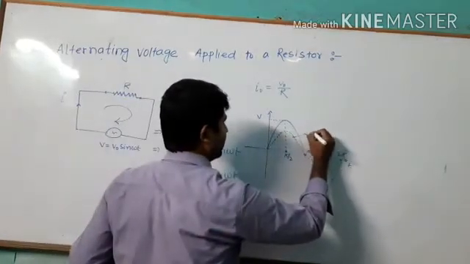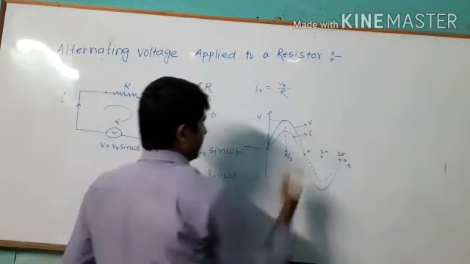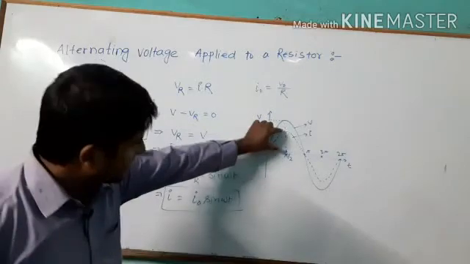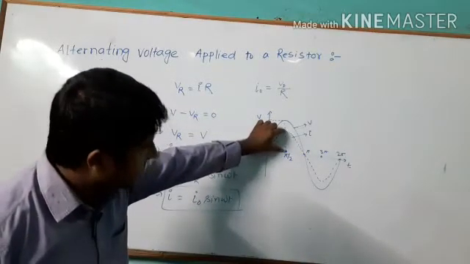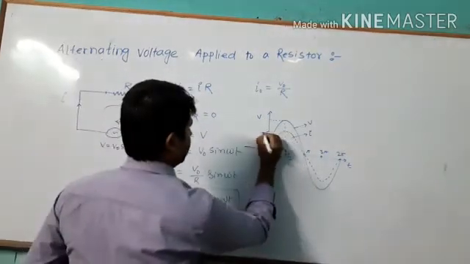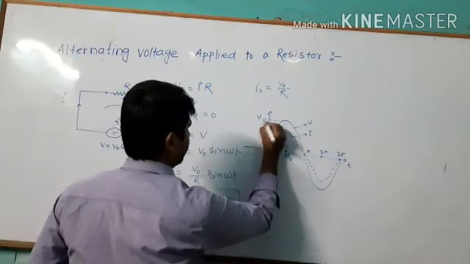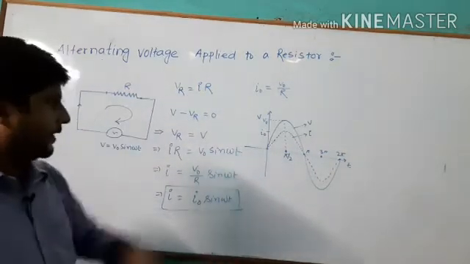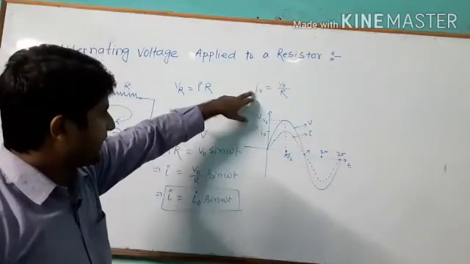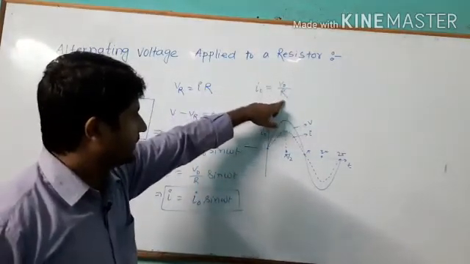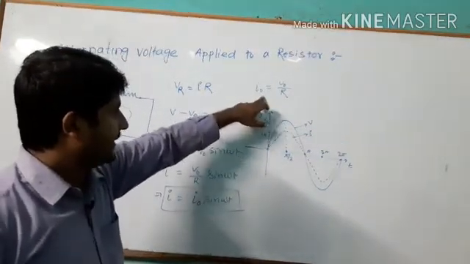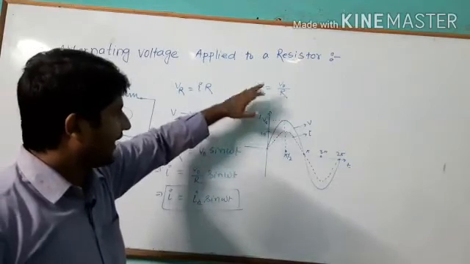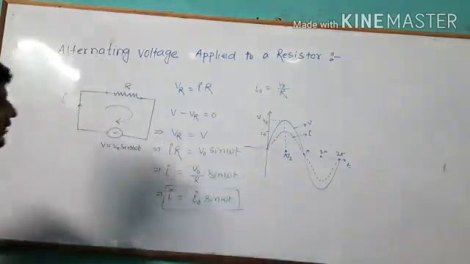So this is current I, this is voltage V. This much is the maximum value of this current, I0. So here I'm writing I0 and here V0, because see this expression I0 equal to V0 by R. So from this it is clear that the value of I0 is less than the value of V0.